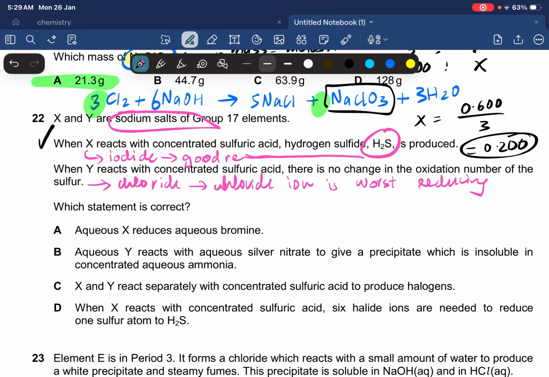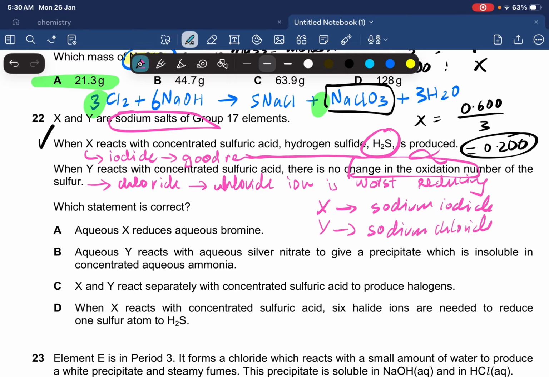It cannot make sulfur gain electrons, so sulfur keeps the highest oxidation number. So aqueous X is our sodium iodide, and Y is our sodium chloride. Now let's read the options.